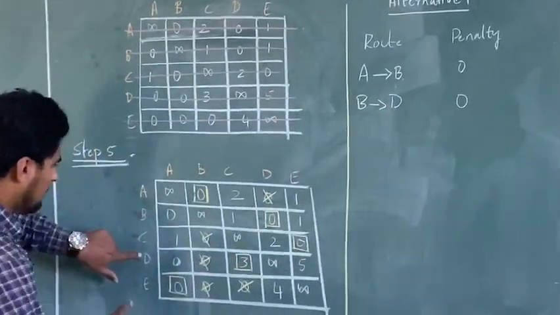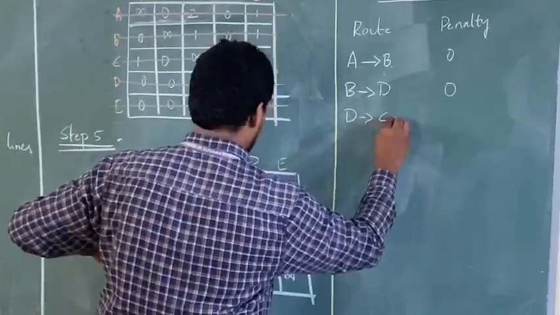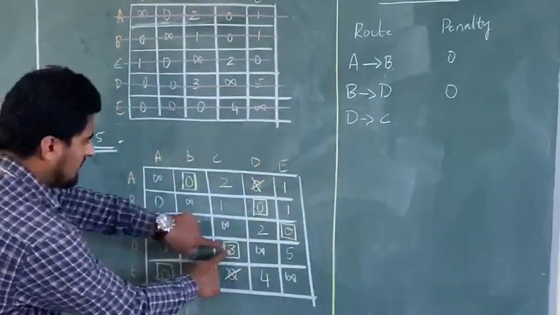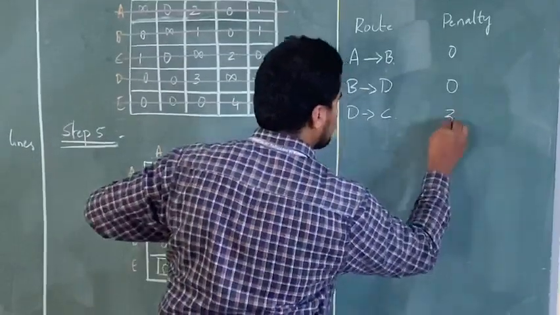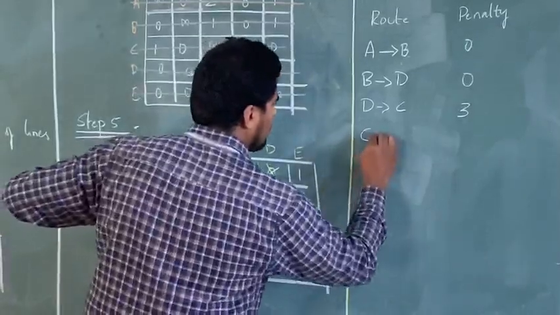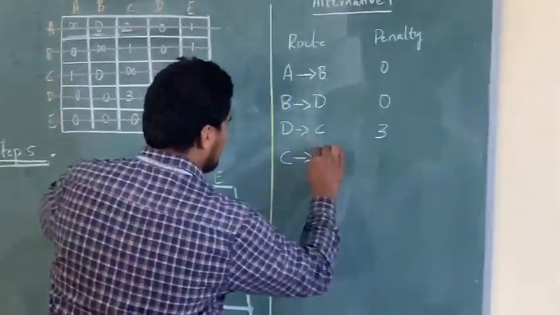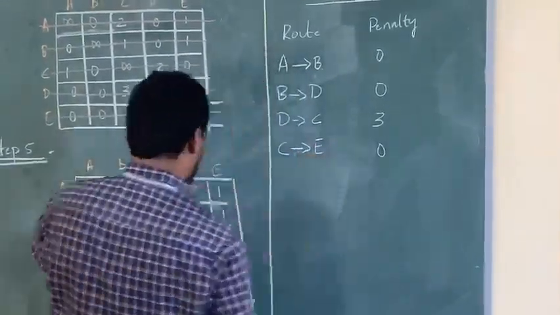Again from D, I have moved to city C. The penalty is 3. Again from C, I have moved to city E. The penalty is 0.